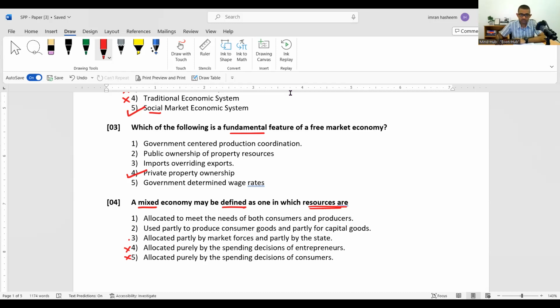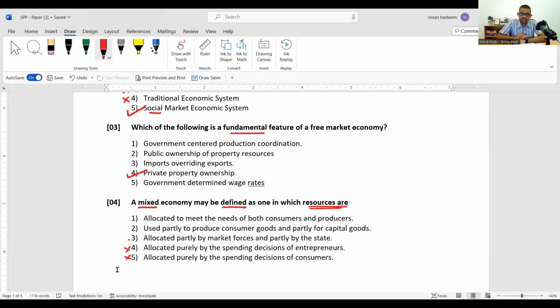Then number one, allocated to meet the needs of both consumers and producers. In any economic system, the output produced is for the benefit of consumers and producers. Again, the question is, who makes the decisions, or what mechanisms are used in making those resource allocation decisions?